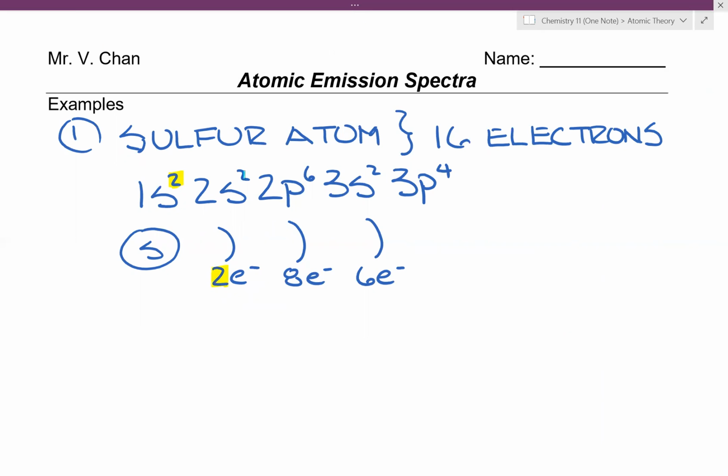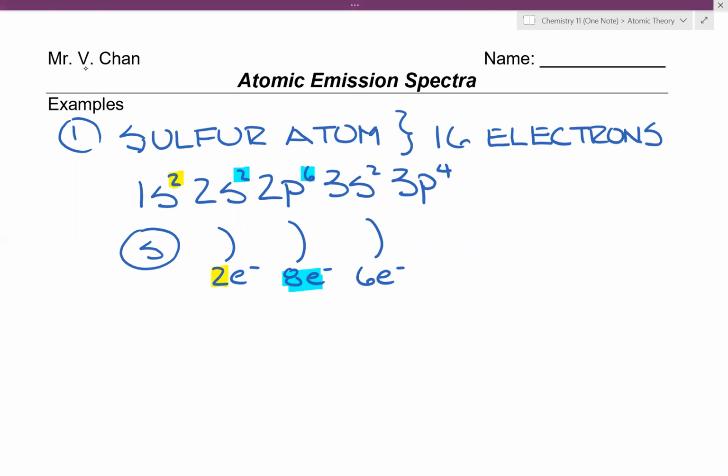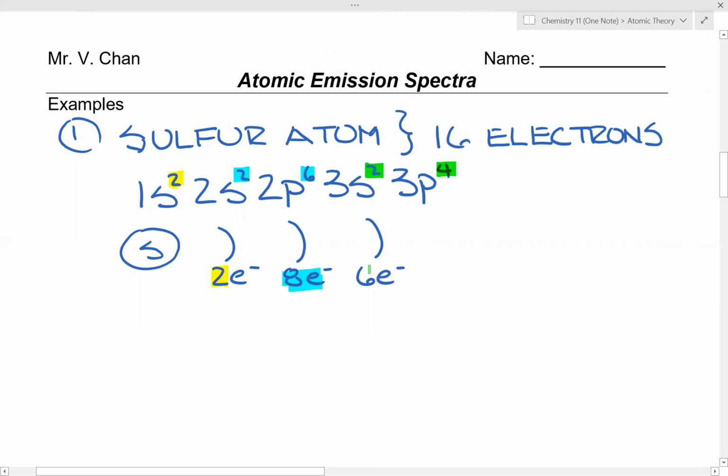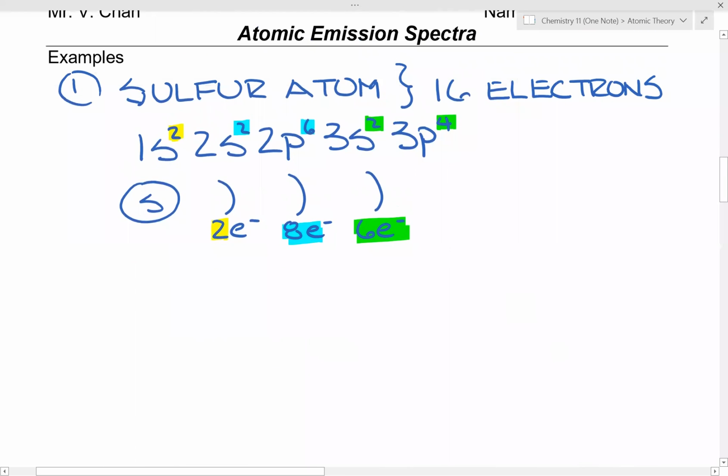Here, I have 2 plus 6 in the second energy level. That's 8, second shell. And then I have 2 and 4, which is 6 in the third shell or third energy level. This is what you call electron configuration. So we are building upon what the Bohr model's idea was.